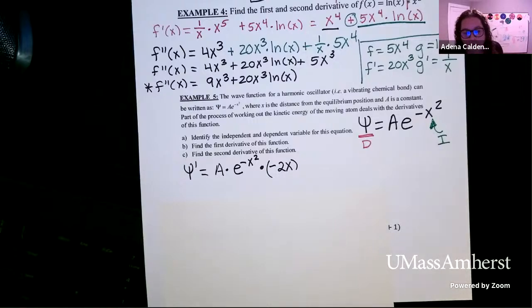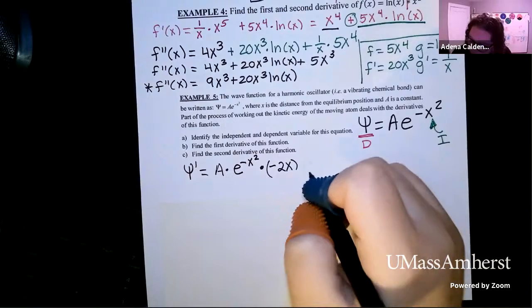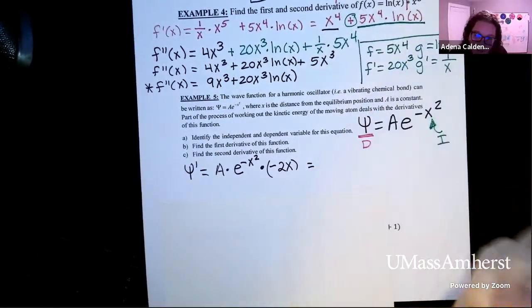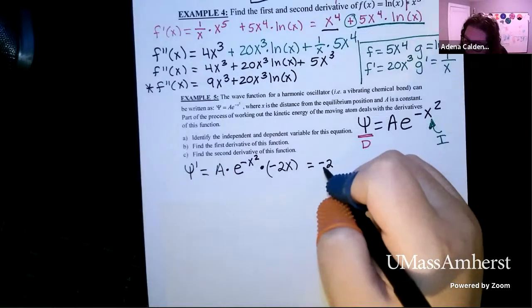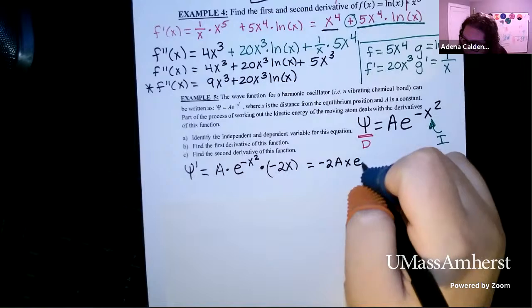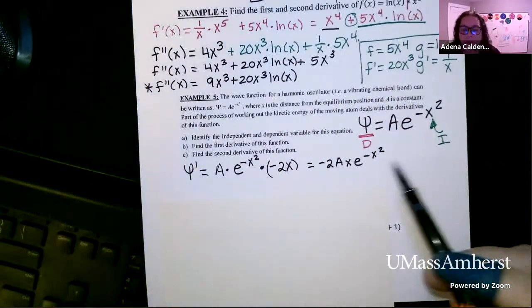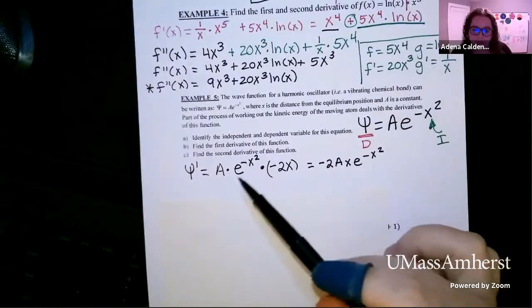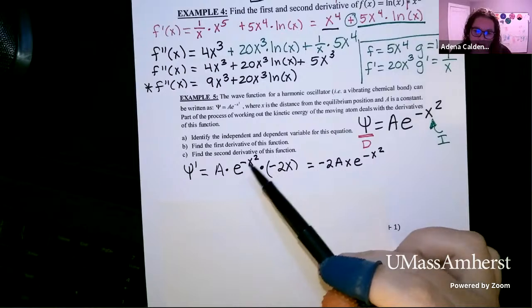Now, as I mentioned before, we typically write constants first and then polynomial terms. So if this was on a mini quiz, the way that you would see the answer is probably something like negative 2ax e to the negative x squared. And it's totally fine if you've written it like this, just to check each piece, like, is there an A? Yes, there's an A. Is there an e to the negative x squared?